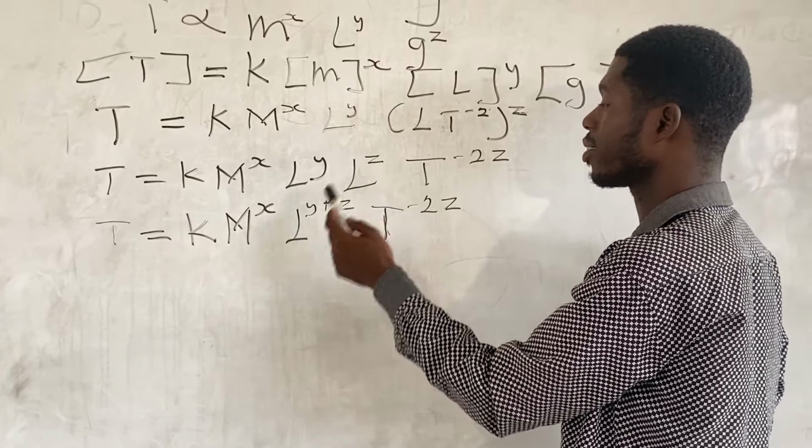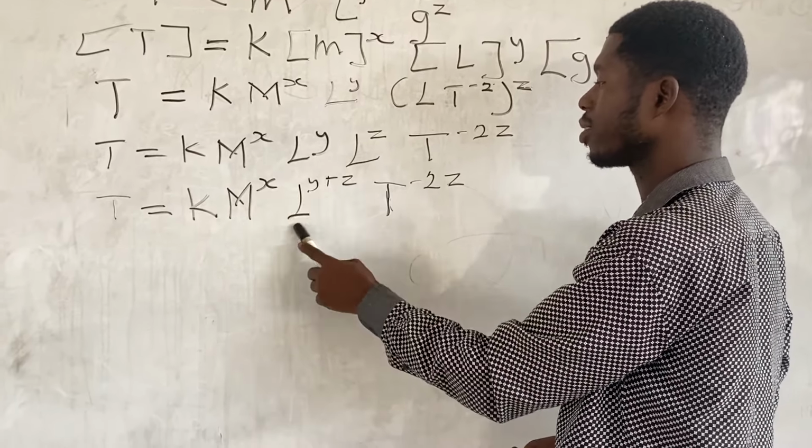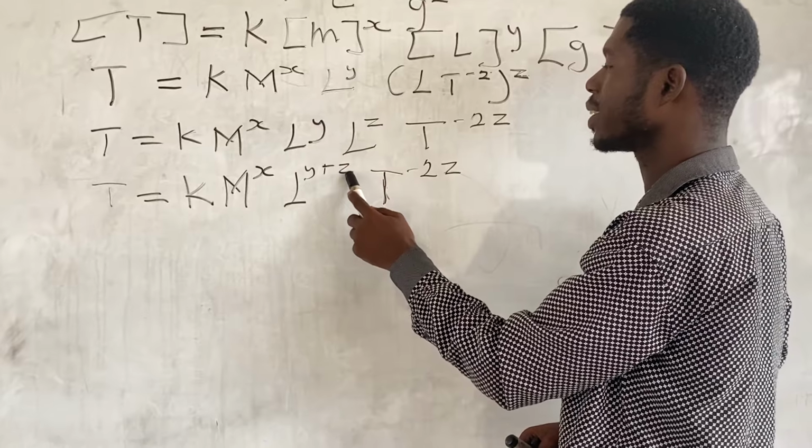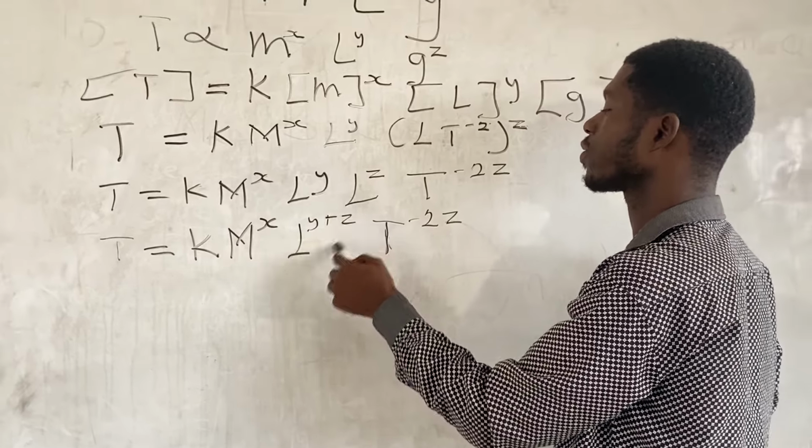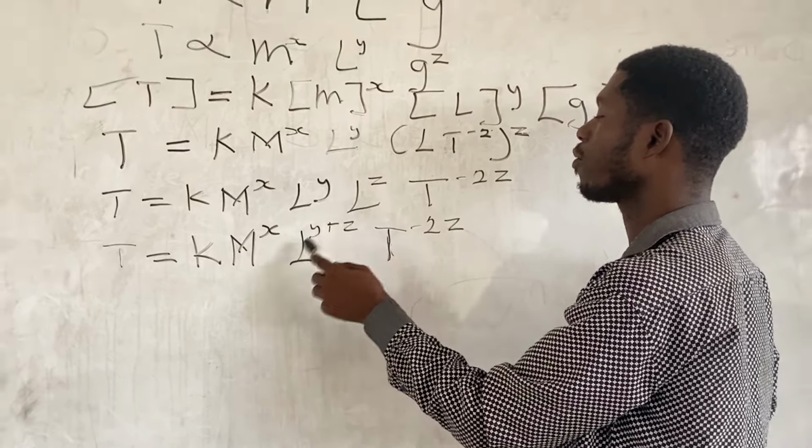We have 2L, so you just write one L, that's L to the power 1 plus Z. And I have only one T there, you bring it here as well. T to the power negative 2Z.